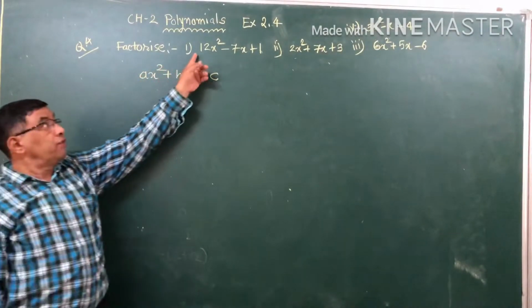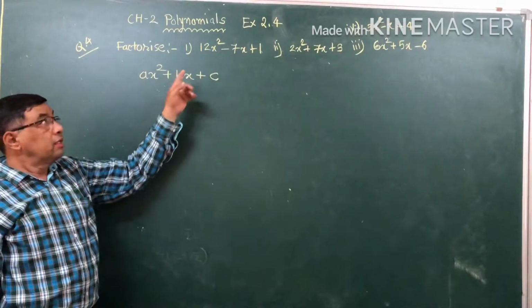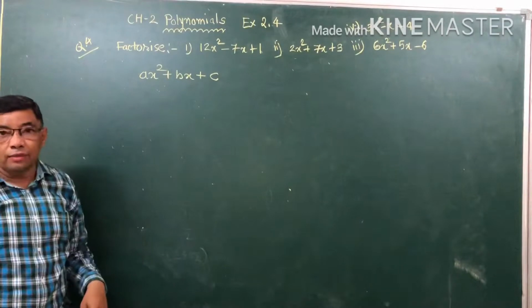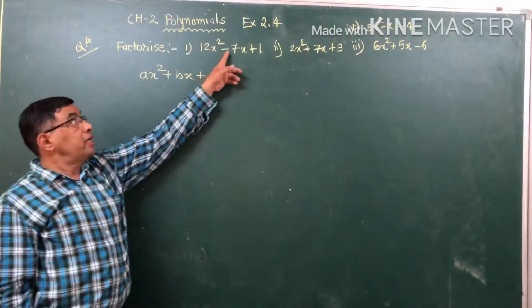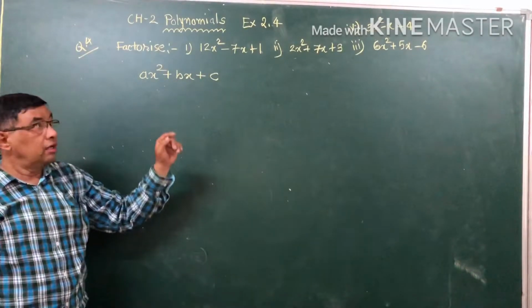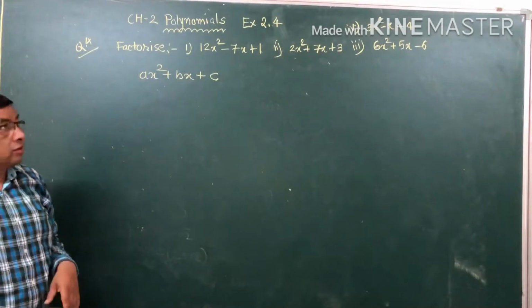So in the first question, what is a? If you compare, 12x square is given, so the value of a is 12, and minus 7x, so the value of b is minus 7, and the value of c is equal to 1.